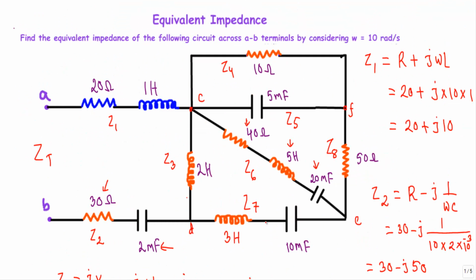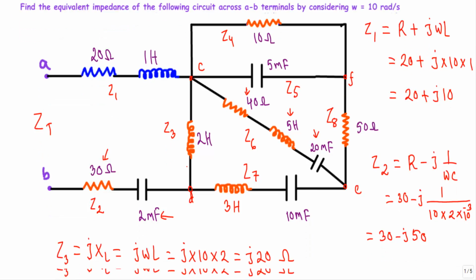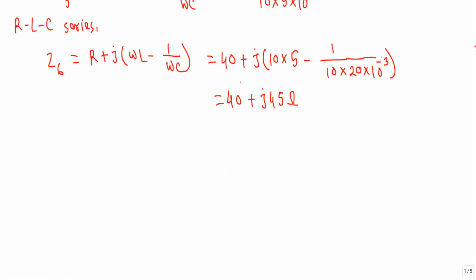Okay, now look between D and E terminals. You will see I have the inductor of 3 Henry and the capacitance of 10 millifarad. So how do we calculate the Z7? See, there is no resistance, therefore real part will be 0 plus j(XL minus XC).